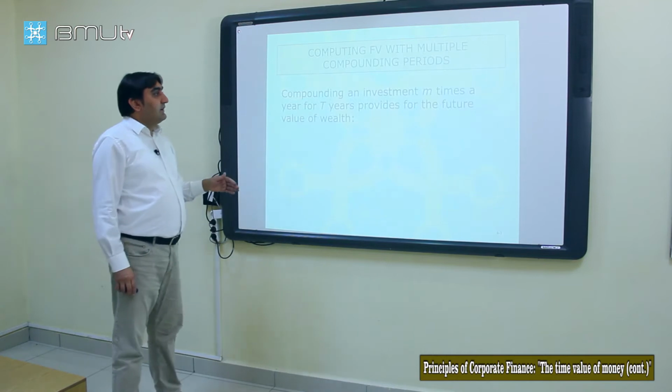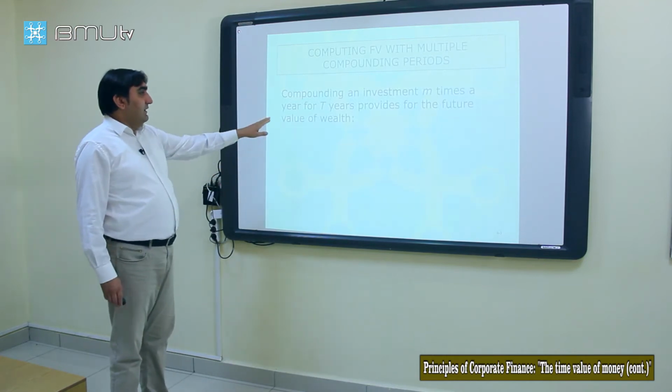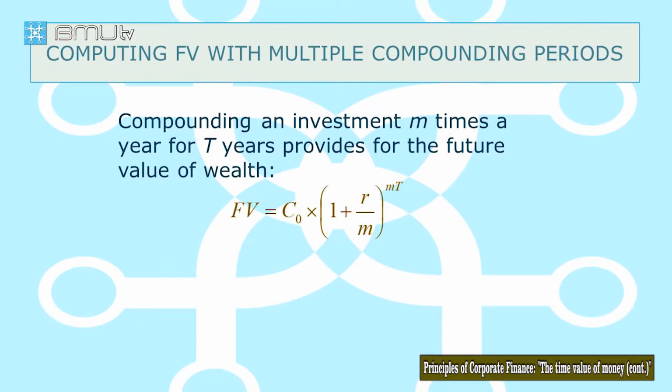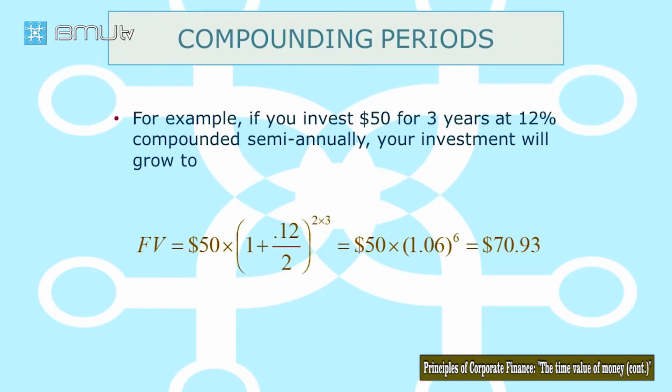Compounding an investment m times a year for T years provides the future value of wealth: present value times 1 plus rate divided by the number of periods, to the power of the number of periods. For example, if you invest $50 for 3 years at 12% compounded semi-annually, your investment will grow to 50 times 1 plus the rate divided by 2, to the power of 2 times 3.